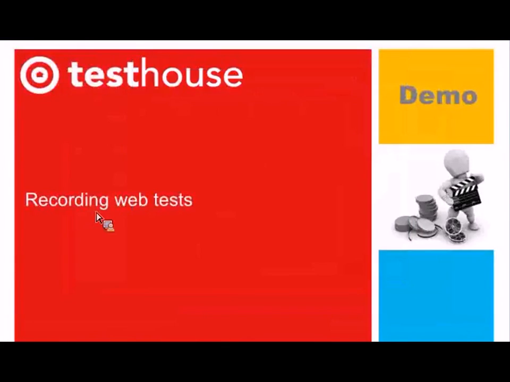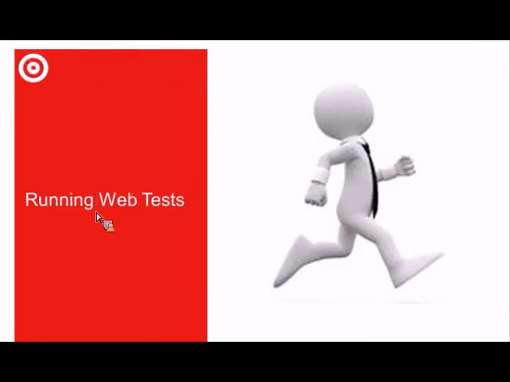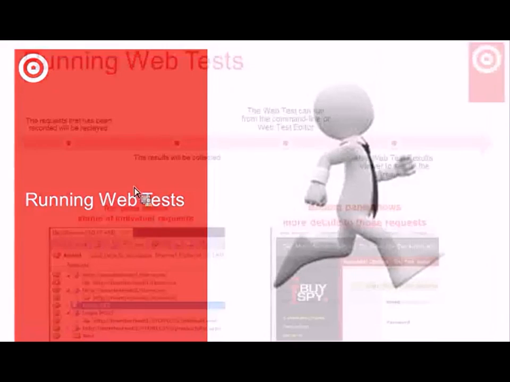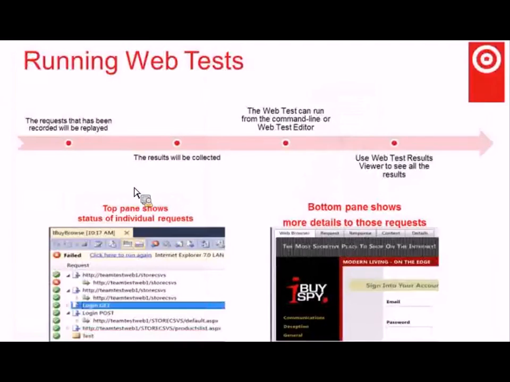Okay, so moving on, what we're going to look at now is running web performance tests. When we run a web performance test, the results will be collected. There are two panes in the web test results viewer. The top pane gives us each individual request and its status, so we can see if a request has failed.